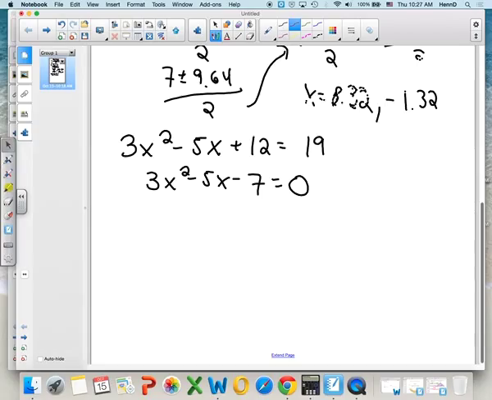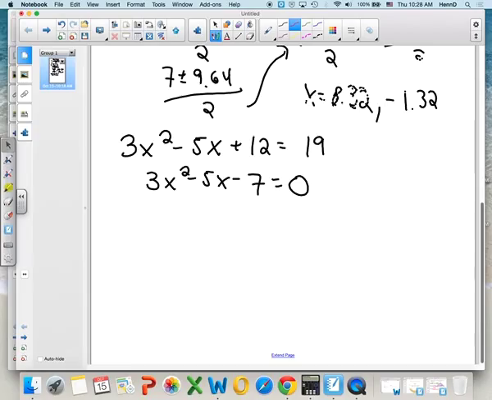You got what? I got a negative number and a square root. Okay, we're actually going to do that next. If there's a negative number and a square root, that means you're going to have imaginary solutions. But this one should not have a negative unless you forgot to subtract 19 first. Did you use c equals 12? Okay.